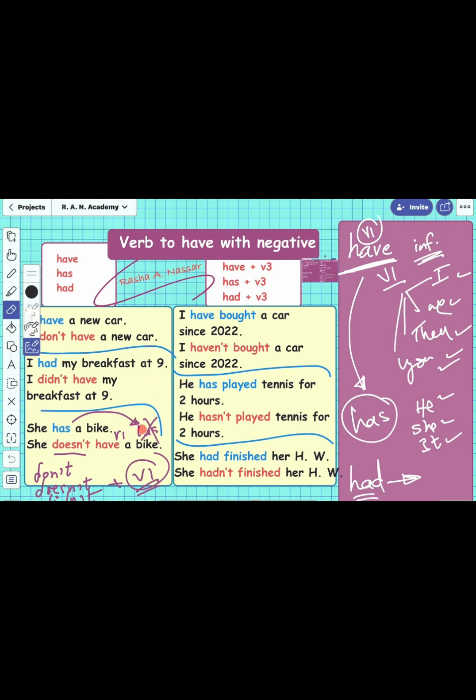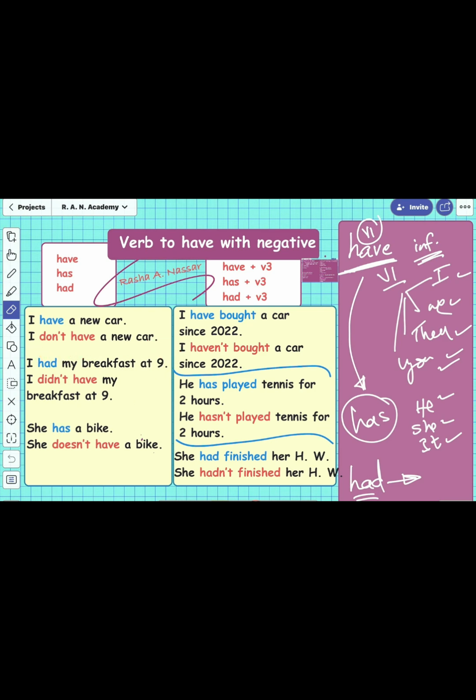So, again, if I see the verb to have alone, I have to choose don't or doesn't or didn't to change the sentence into negative. And after that, before have or had or has, I have to choose what? I have to choose V1.